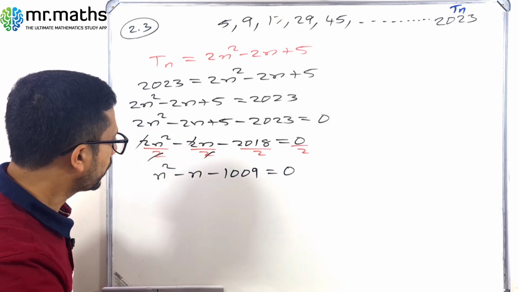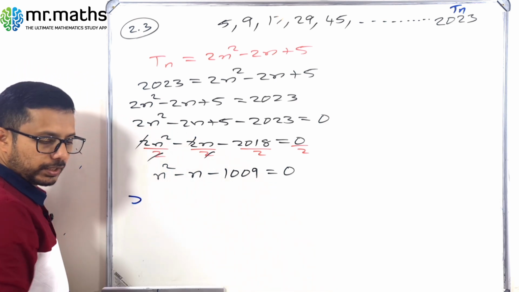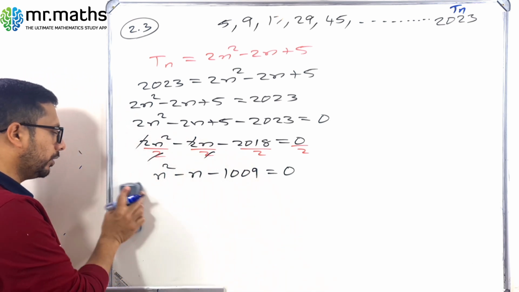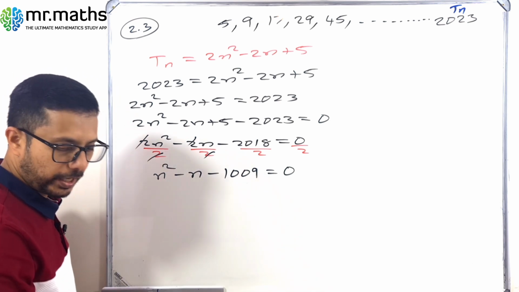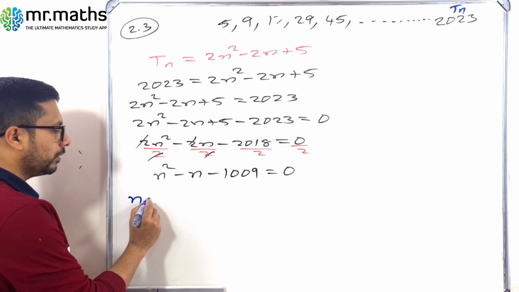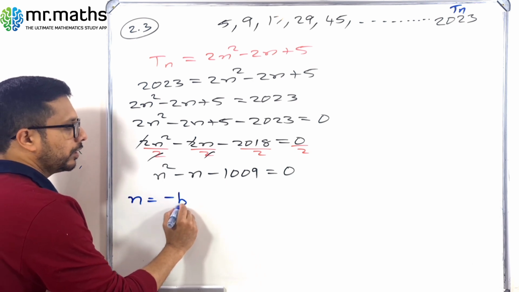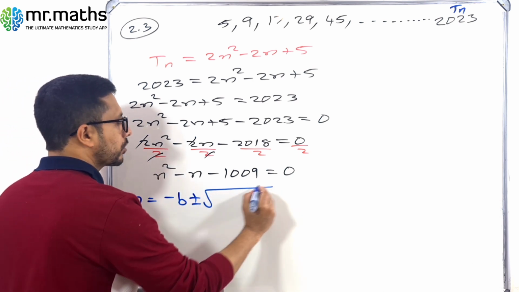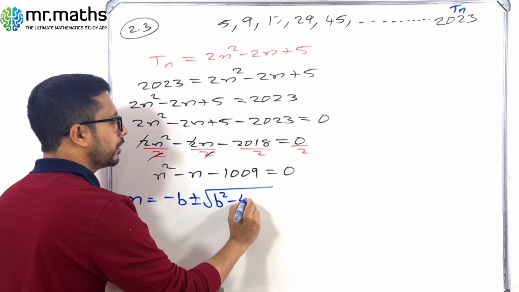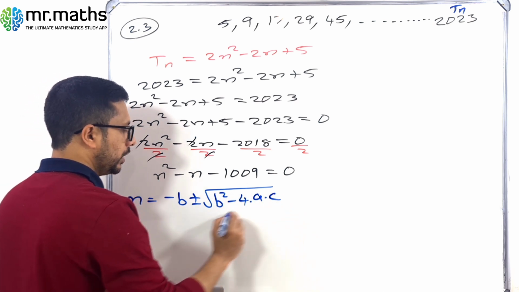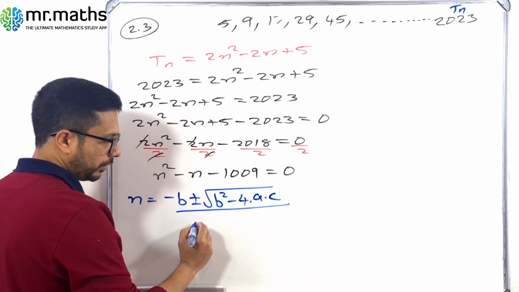So what is the quadratic formula guys? To find n, here not x, the variable is n. So to find n we can apply the quadratic formula, minus b plus or minus square root of b square minus 4 into a into c, all over 2 into a. I hope you know this quadratic formula.